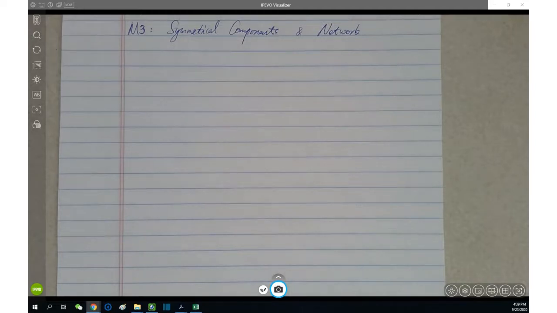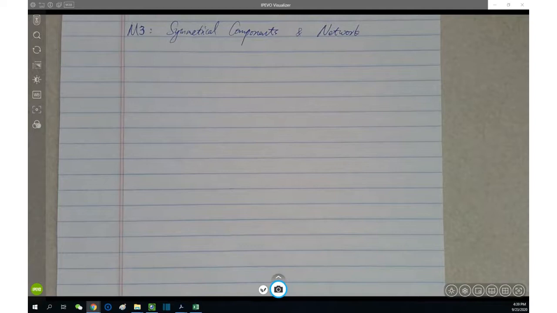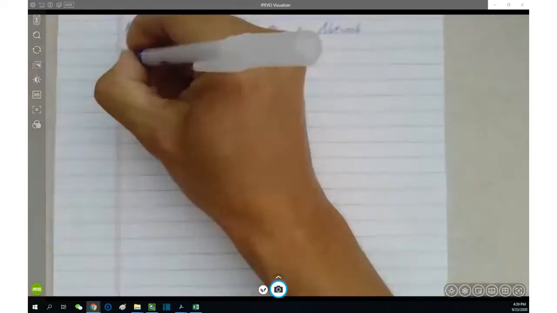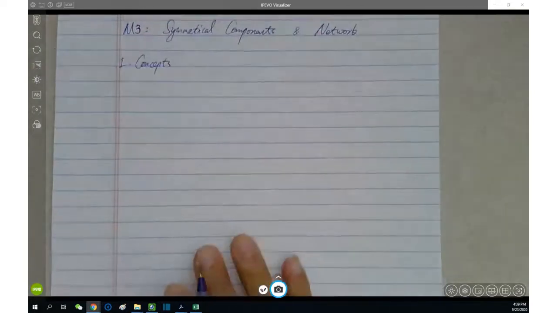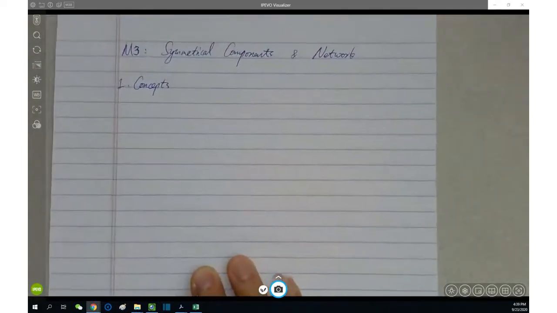All right. Let's move on in this module 3. Okay, so symmetrical components and network, and let's see what they're talking about. First of all, let's learn some new concepts. So this means what?